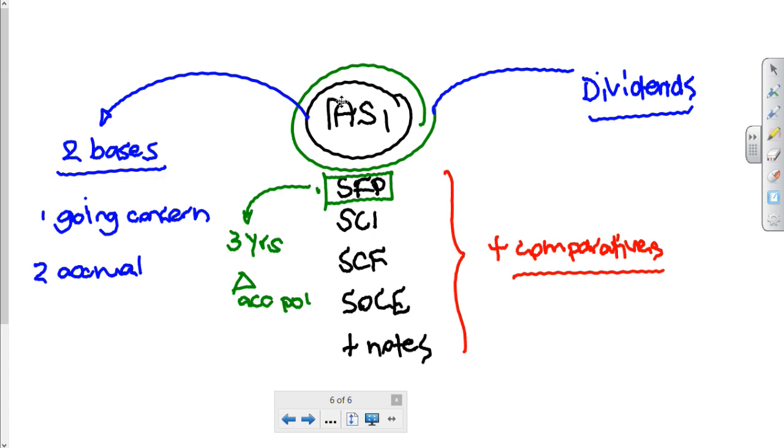IAS 1 also deals a little bit with materiality and aggregation, and it deals with the rules around aggregating and offsetting. It basically says that if you have not material items that are similar, you're allowed to aggregate them.